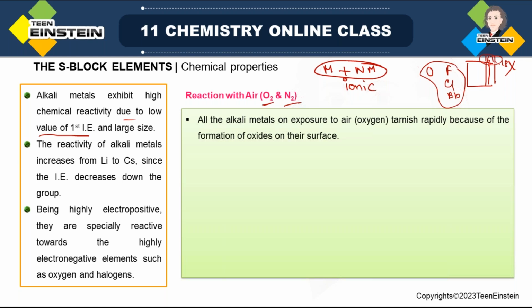But if you try to do it with potassium, there will be an explosion, and as you move further down, cesium or rubidium, it is really dangerous. They tarnish rapidly because some oxide is formed. That is, a reaction between the metal and oxygen has already happened. That is why there is oxide formation, so the shiny nature is gone.